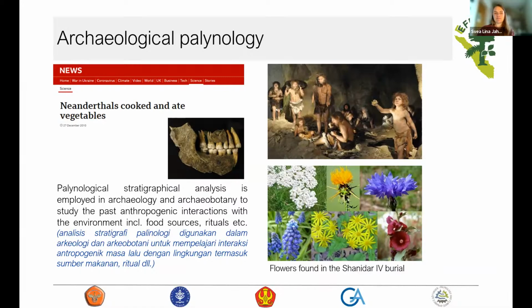And another example is the pollen found in a burial site in Shanidar, which indicated different flowering plants, quite ornamental flowers, which also sometimes were perfumed for use in burial rituals in the past.